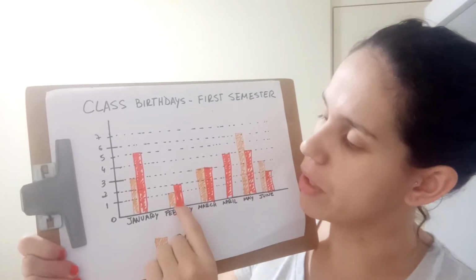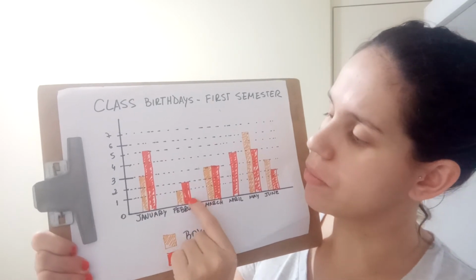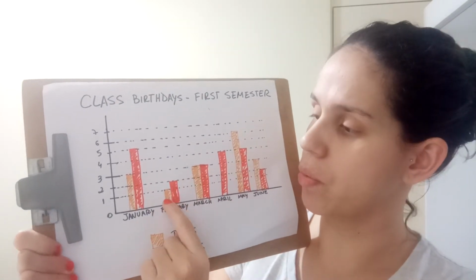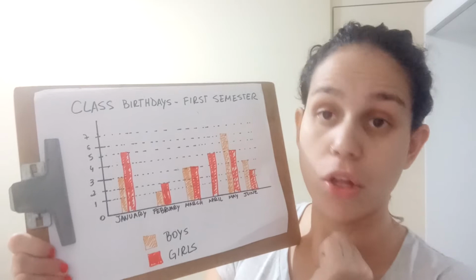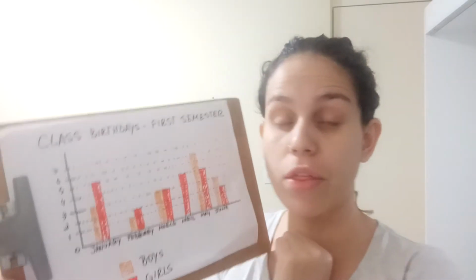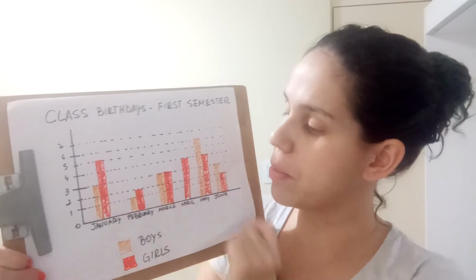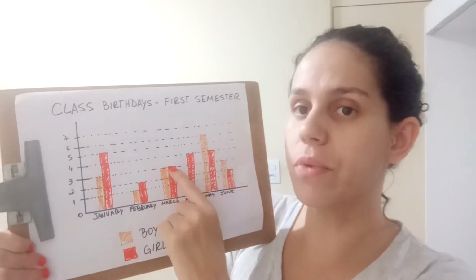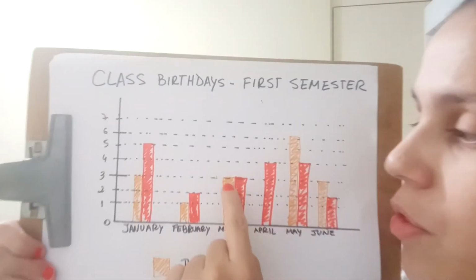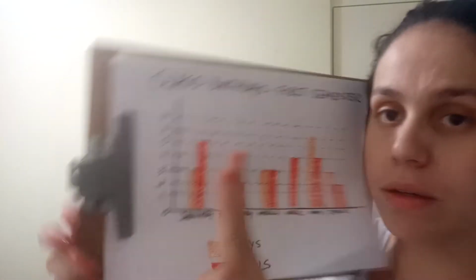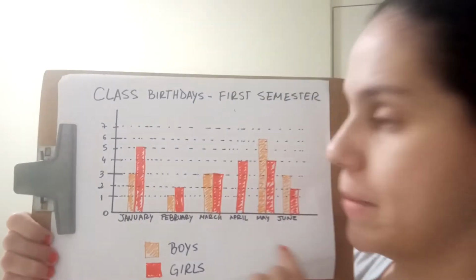In February, 1 boy, 2 girls. 1 plus 2, 3 students, 3 kids. In March, 3 boys and 3 girls. 3 plus 3, we have 6 students.